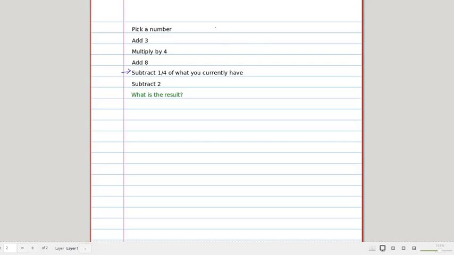So for example, if you were to pick, let's say, 12 here, and then add 3, you've got 15. Multiplied by 4, that is 60. Add 8, now you're at 68. And now you're going to subtract a quarter of what you currently have. And so you could throw this into your calculator this way: 68 minus 1/4 of 68.